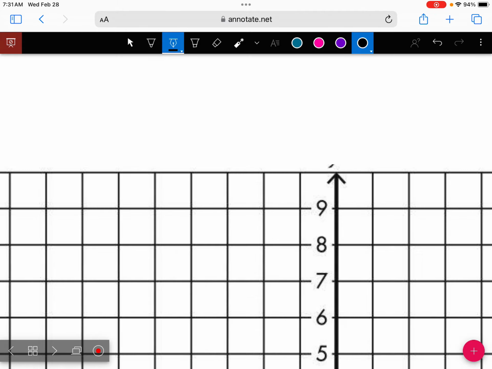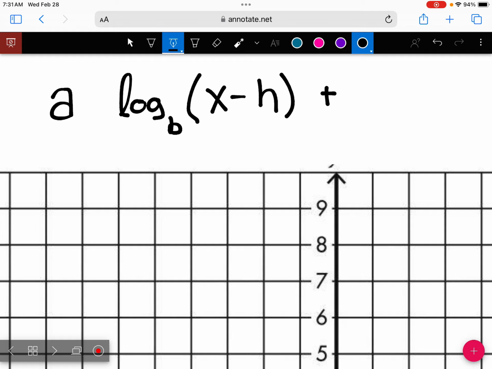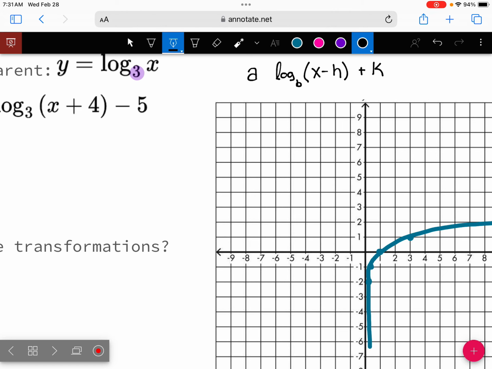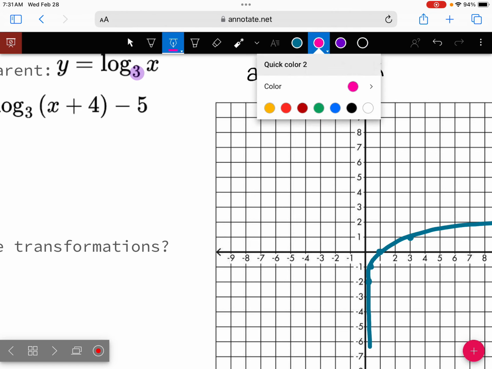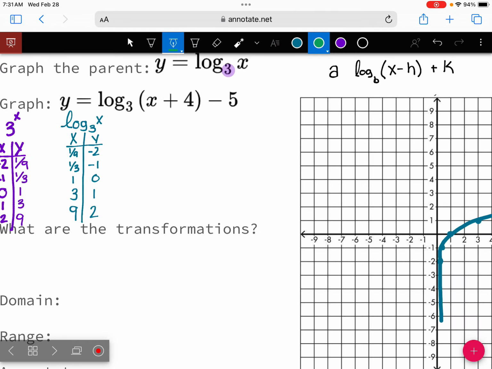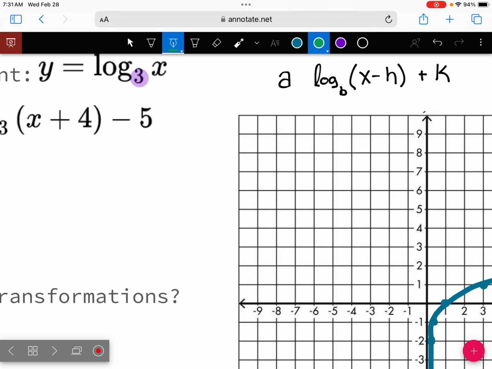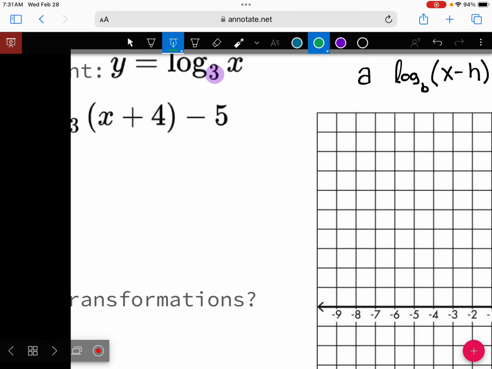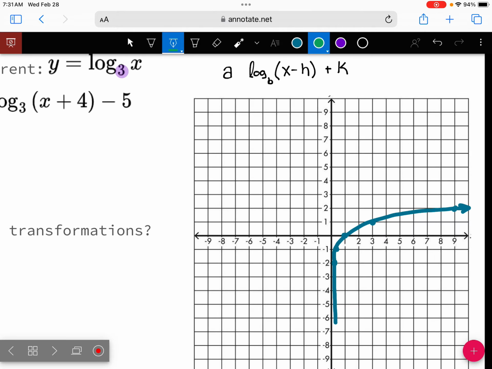So we have A log base B of x minus h plus k. Let's see, where were we? Oh, right over here.